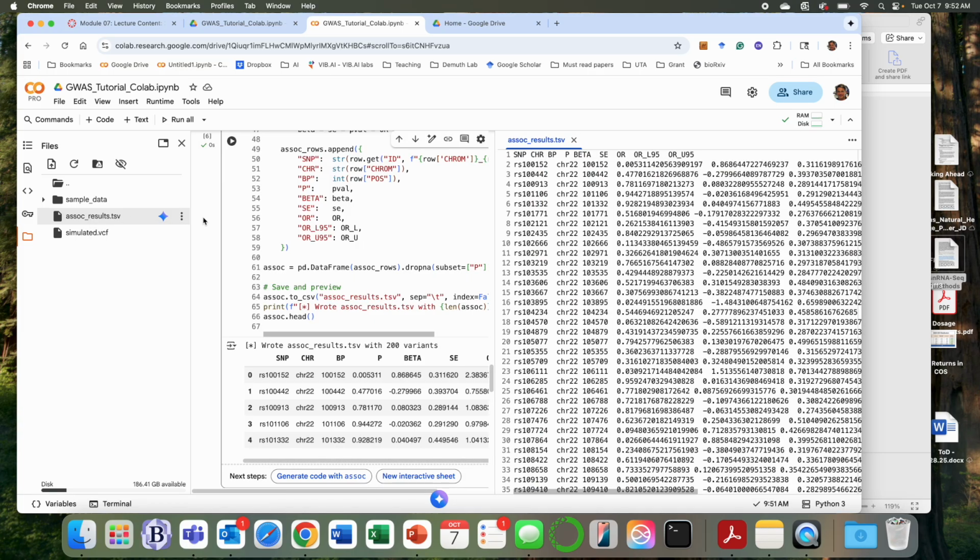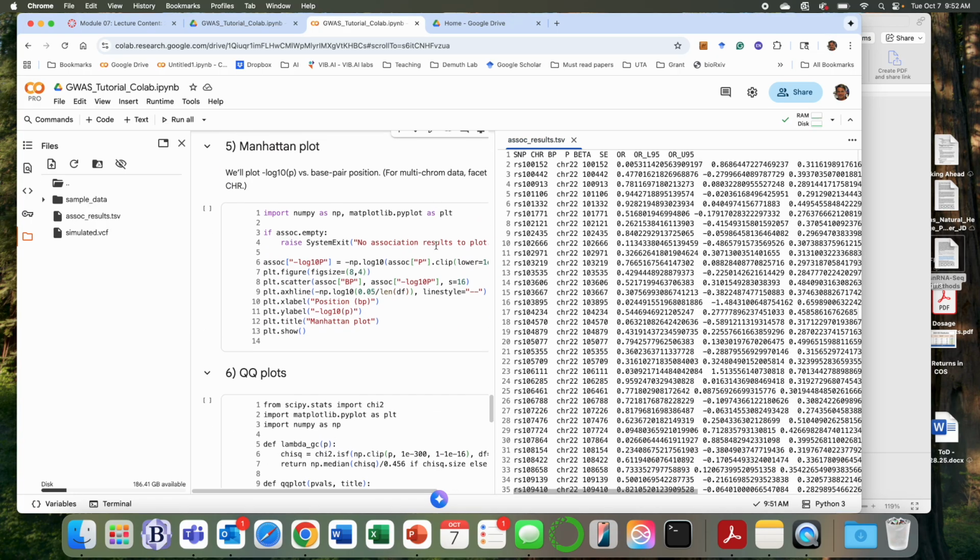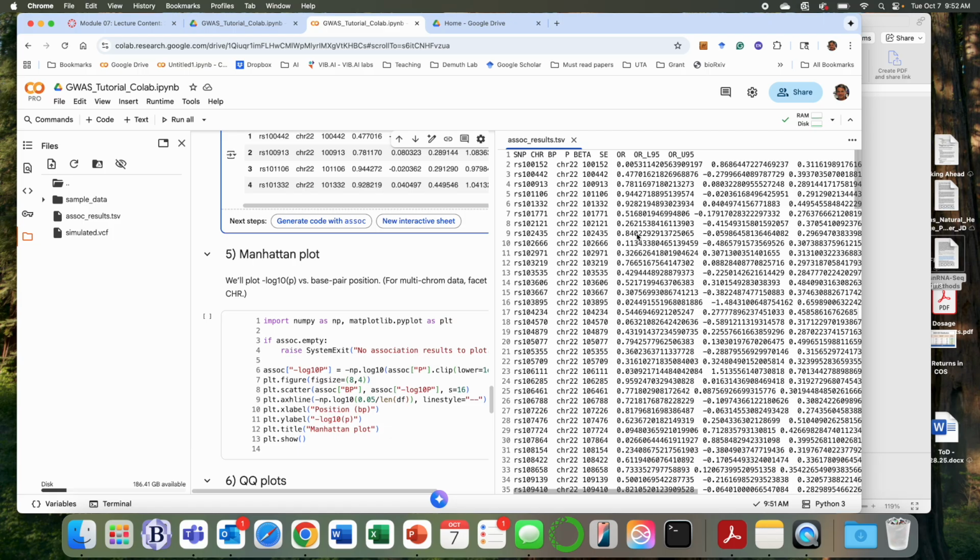You can open that file. It's kind of messy here, so you could download it and open it in Excel if you want. Really, that cell is mainly just so that you can see effect sizes, and we may go back and look at that when we run the other data set in a few minutes.